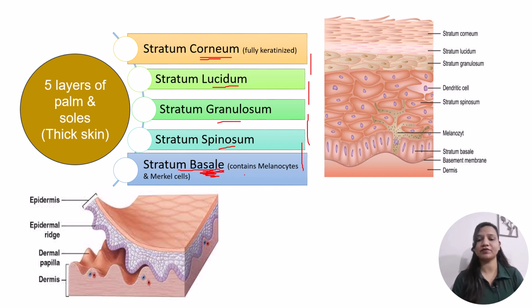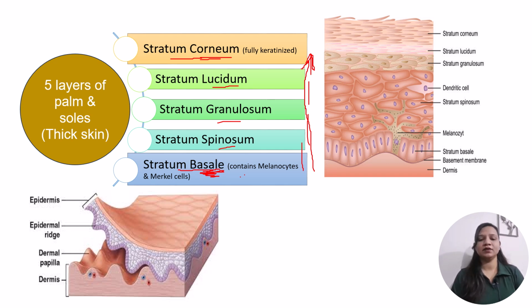The keratinocytes then go upward layer by layer through mitosis, and in the most superficial layer of epidermis, the stratum corneum, fully keratinized cells form, which accumulate keratin protein, very essential for skin health.